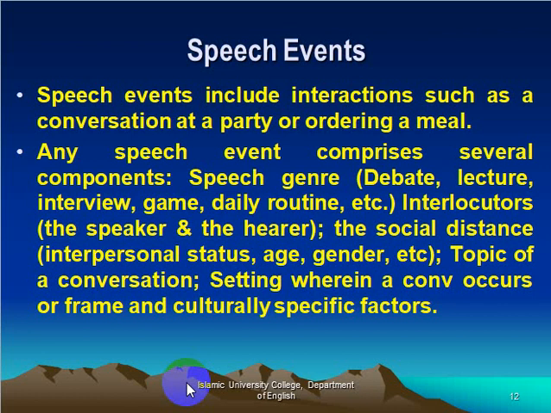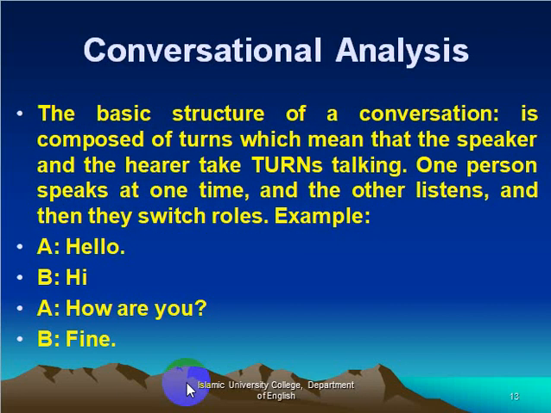And 5, setting, the where and the time of a conversation, and whether this conversation occurs in a particular frame, whether cultural or other specific factors. Well, cohesion, coherence, and speech events are very vital in terms of analyzing any written or spoken text or discourse.